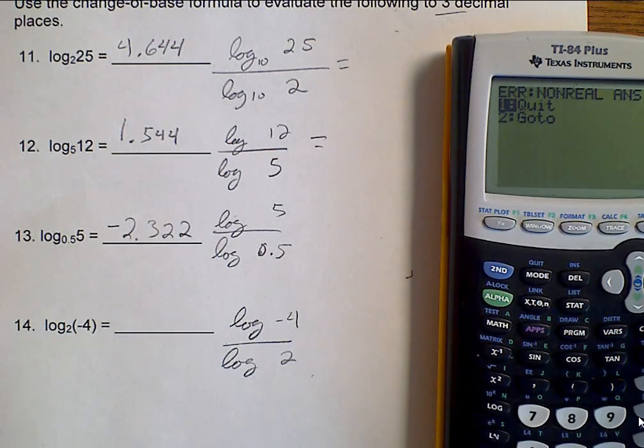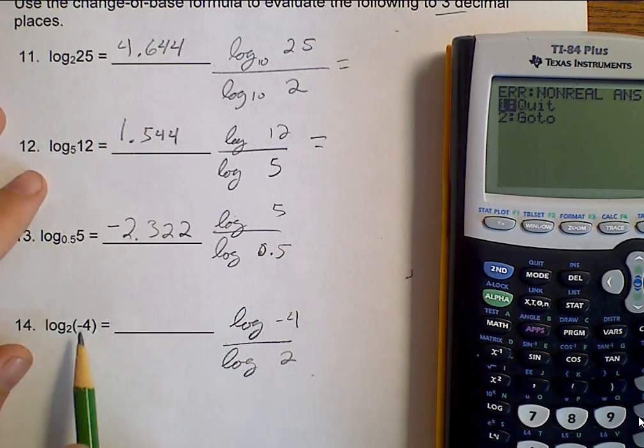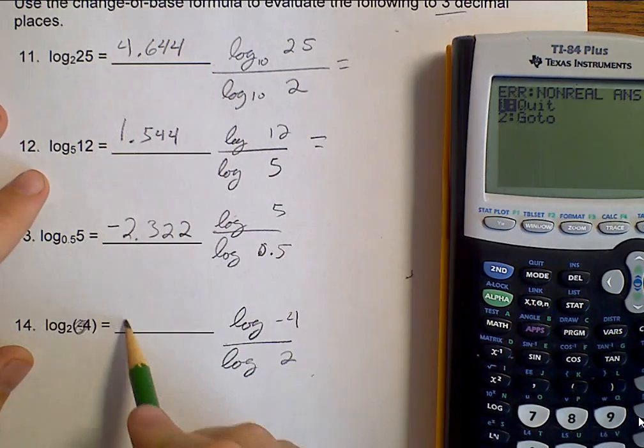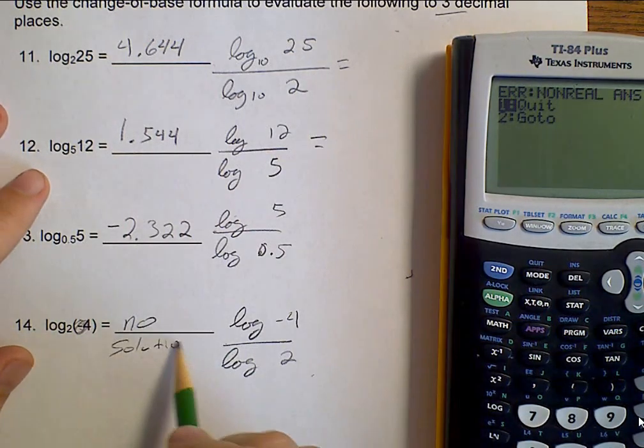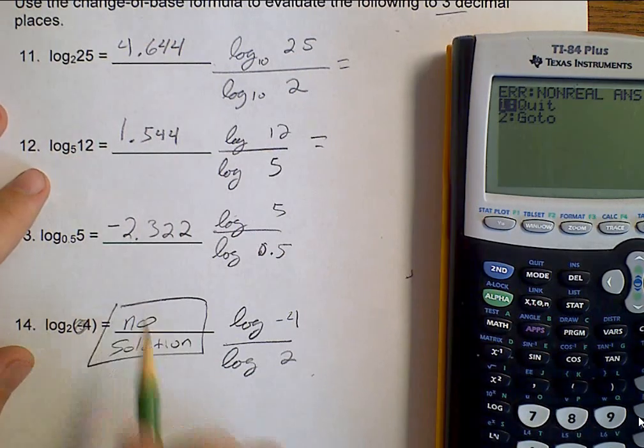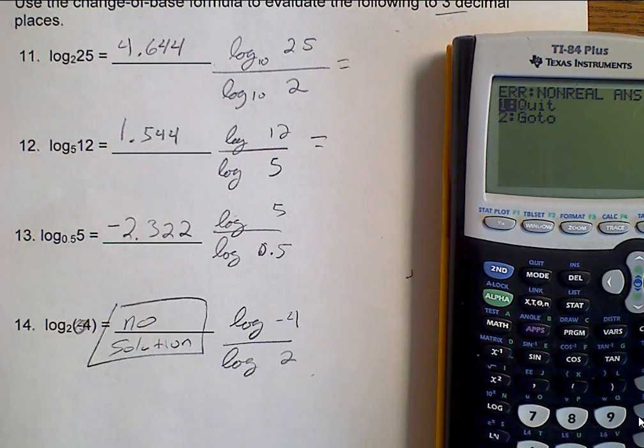Well, the reason is that m and n both have to be positive. Because that's negative, there is no solution to this problem. So, if either of these numbers are negative, then we just have no solution because we get a non-real answer.